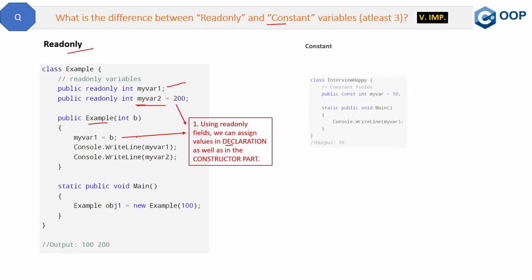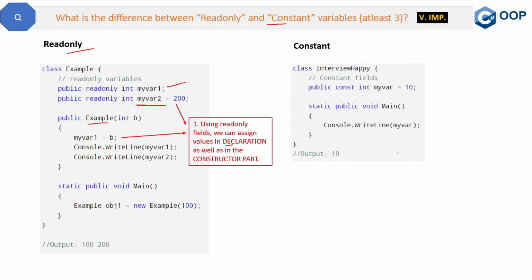But in case of constant, see the code example here. Using const, you can only assign values in the declaration part, not in the constructor part. That is not allowed. If you try to reassign the constant variable in the constructor part, it will give a compiler error.